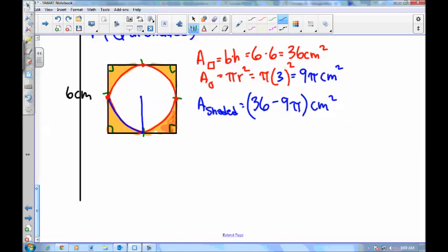Alright, so now let's find the probability. Probability that, I think we said Q, yep. Q is on the shaded. What is the area of the partial, which is only the shaded section? No, 9 pi is just the circle. What's the area of the partial area, which is the shaded area only?